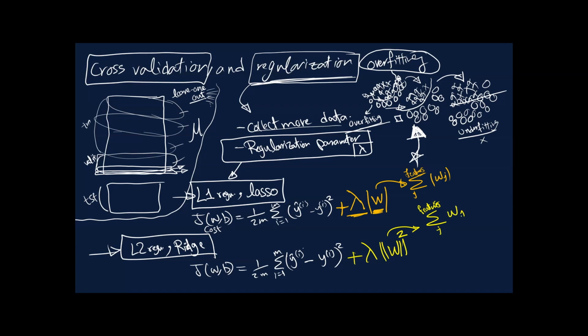So you go over all the weights, square each one of them, and then add them together. By the way, mathematically, this is equivalent to taking the weight dot product with itself, so you can say that this is W transpose multiplied by W. When you are doing a dot product, you're just multiplying each element with the corresponding element and then adding them together to get one scalar value.